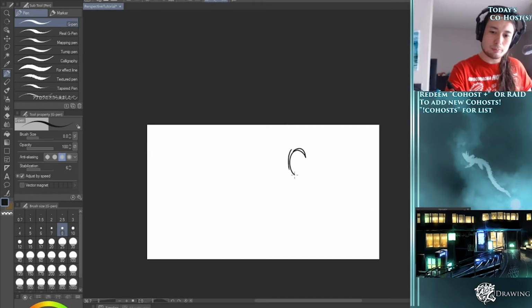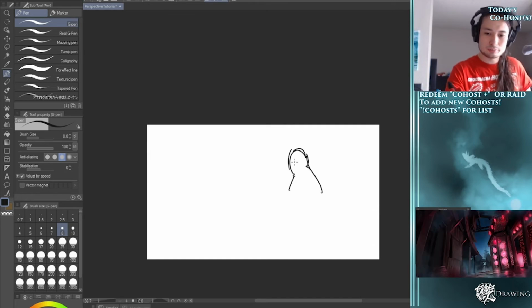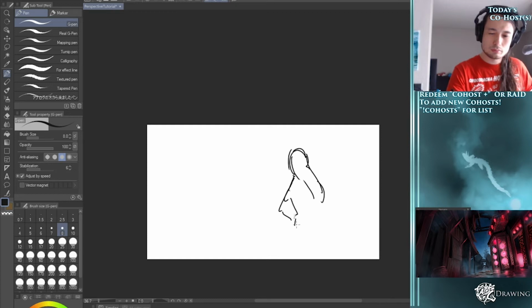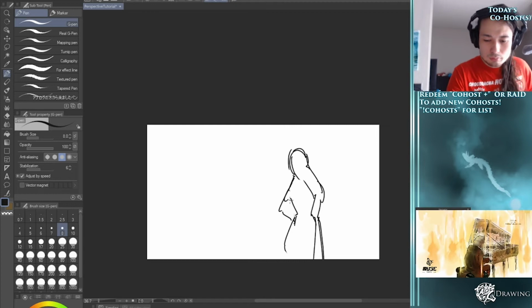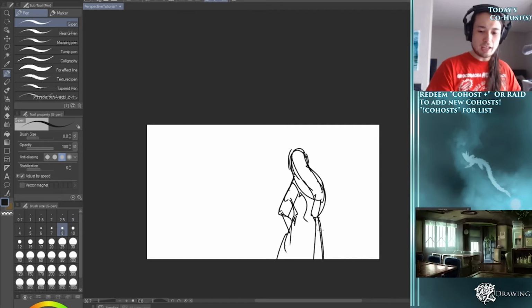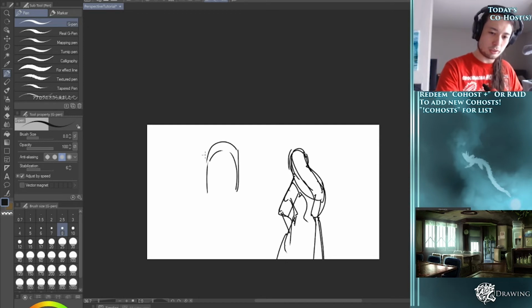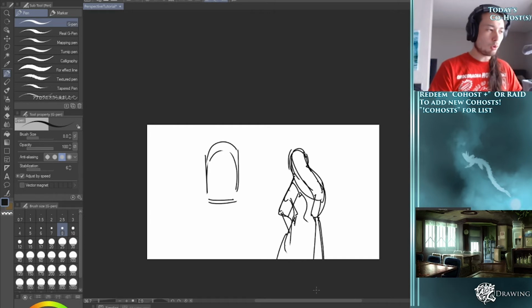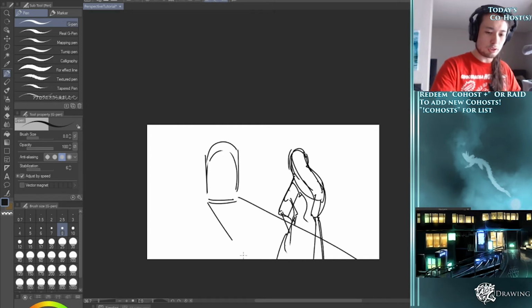You have a character. And she's looking at, I don't know, let's make it a gate, because why not? So now we want to move the focus this way, right?